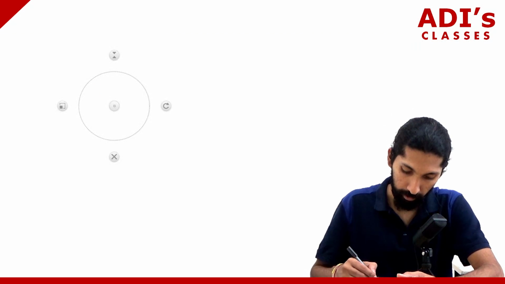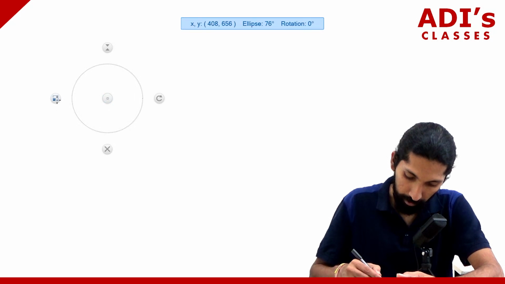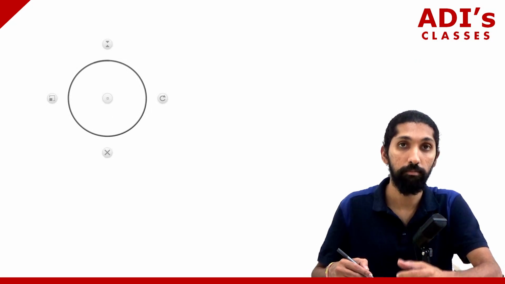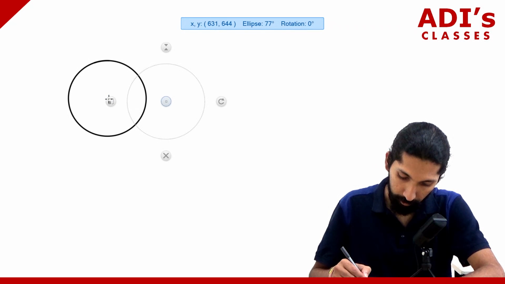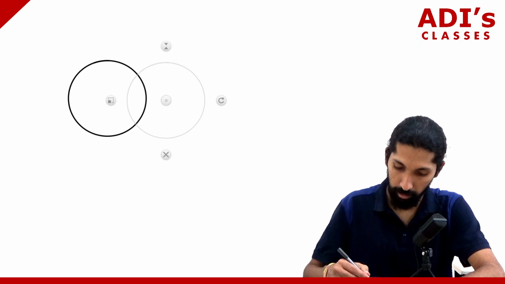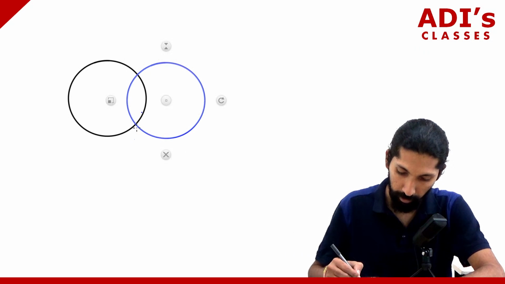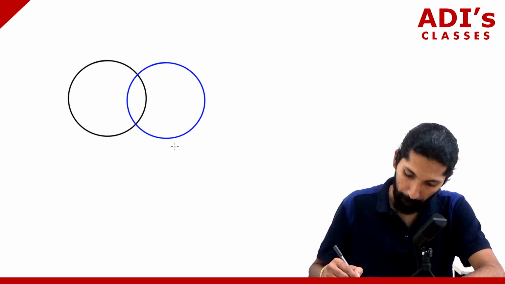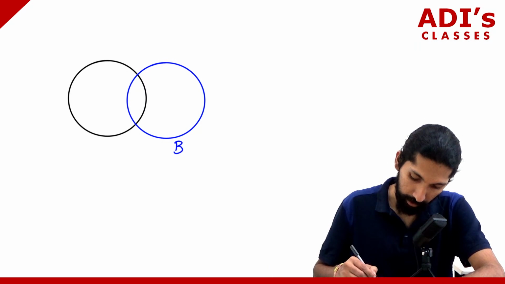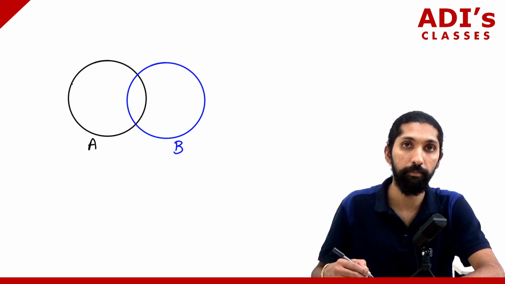Say you have a circle like this, and this is one set. Say you have one more set here, like this. Say the set is B and say the set is A. So we have A and B.